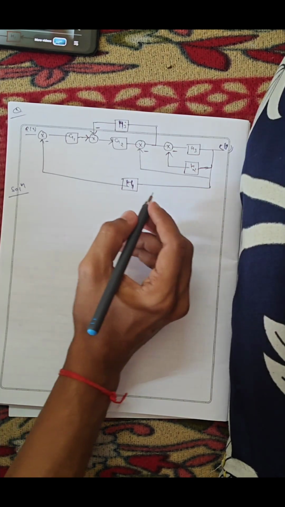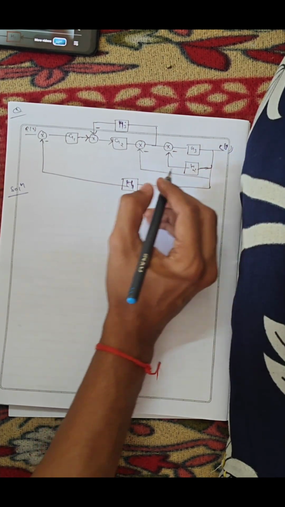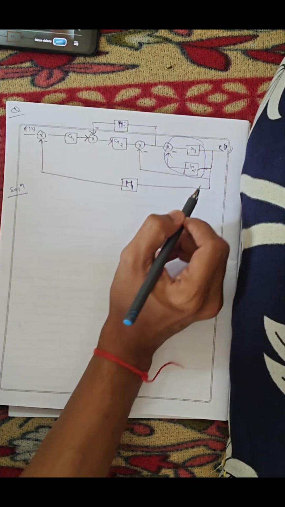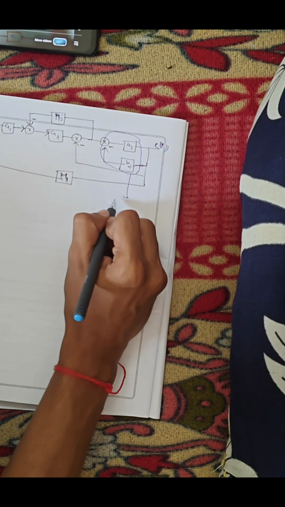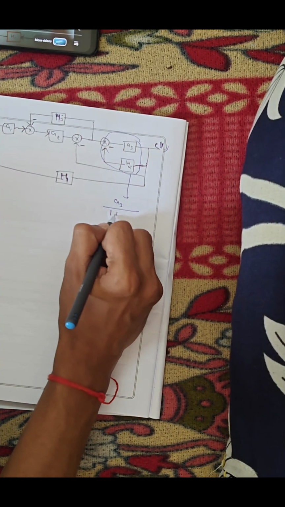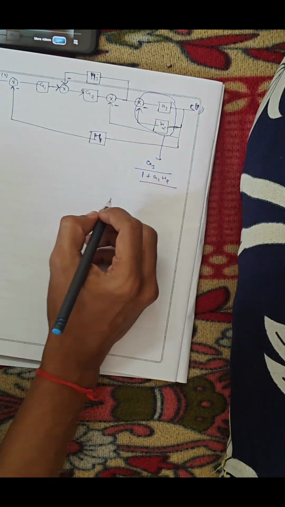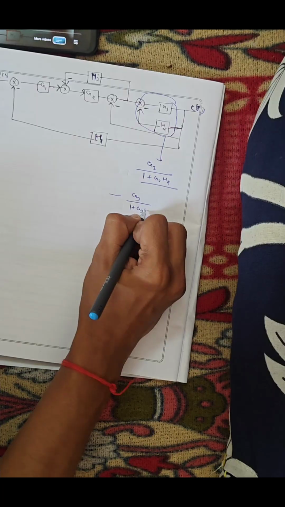So here we are going to start with another example. We will see that G3 and H2 are in a negative feedback loop, so we will replace them with G3 upon 1 plus G3 H2. Now I will replace this 1 plus G3 H2.